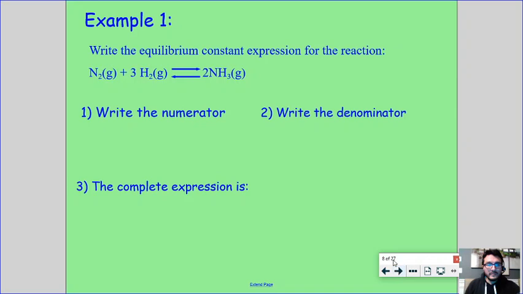So first example. This is a balanced equation, a famous equation, the production of ammonia. Our numerator is our products. Our denominator is our reactants.